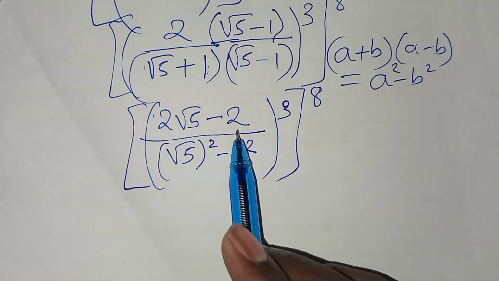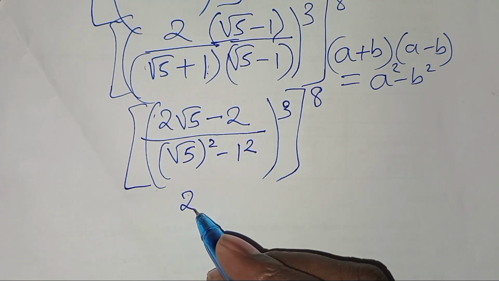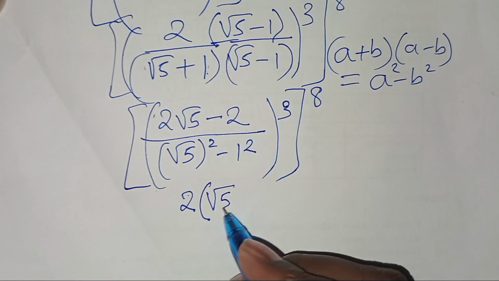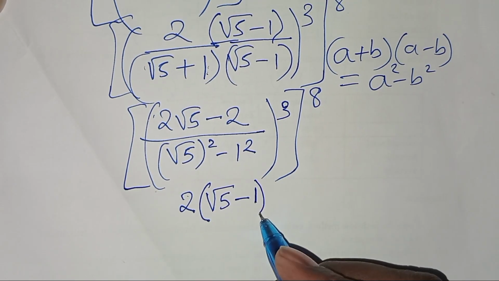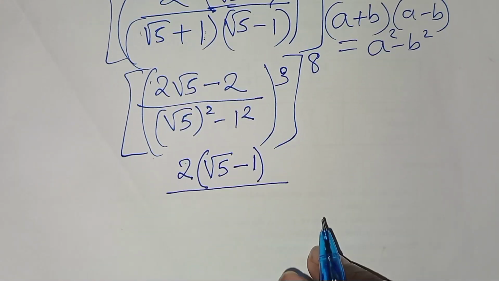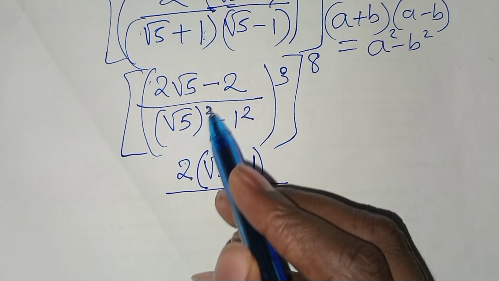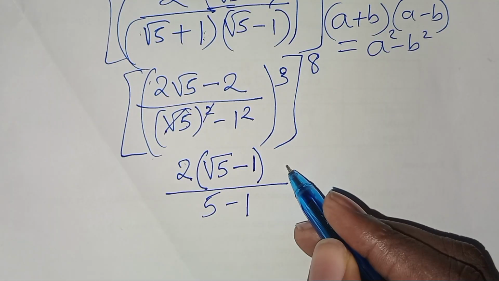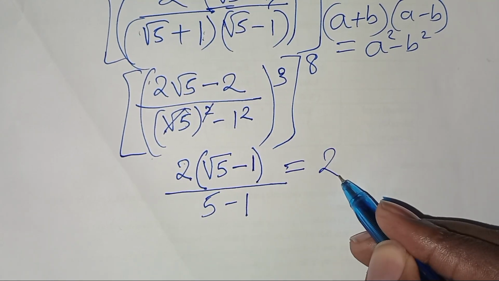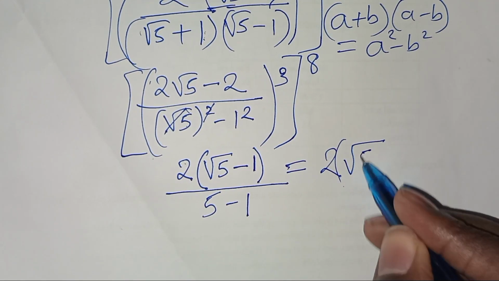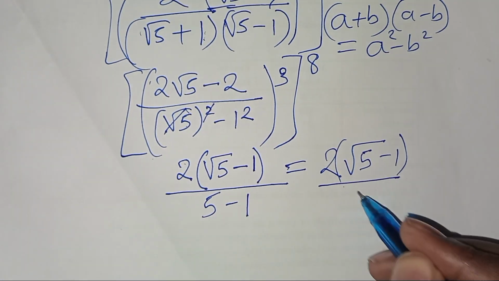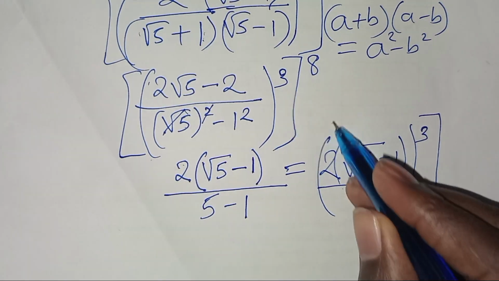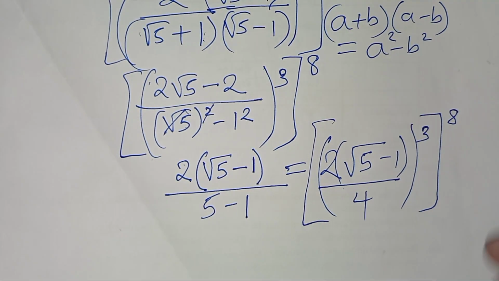Now from what we have here, 2 is common in the numerator, so we can factor out 2. So we have the square root of 5 subtract 1, divided by the square root of 5 to power 2, which is 5, subtract 1. This is equal to 2 times the square root of 5 subtract 1, divided by 4, raised to power 3 and everything again raised to power 8.